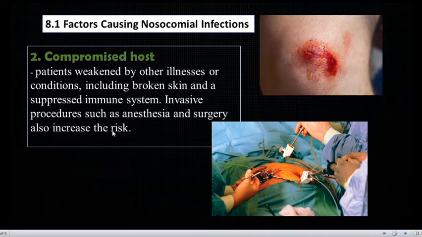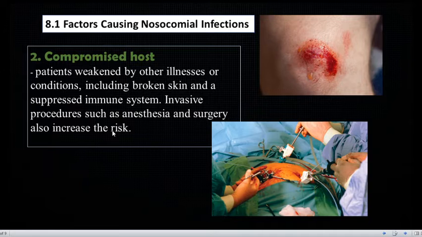cases that I gave, class, that can all break the first line of defense. Okay, and will make a person more susceptible to diseases inside the hospital. So if a patient is undergoing any of the six in the list that I gave, meaning they are susceptible to nosocomial infection.